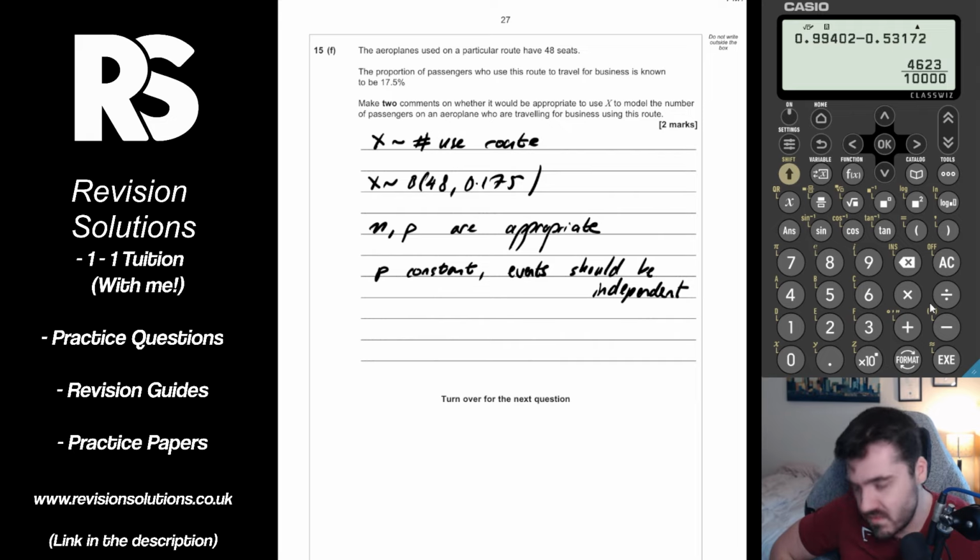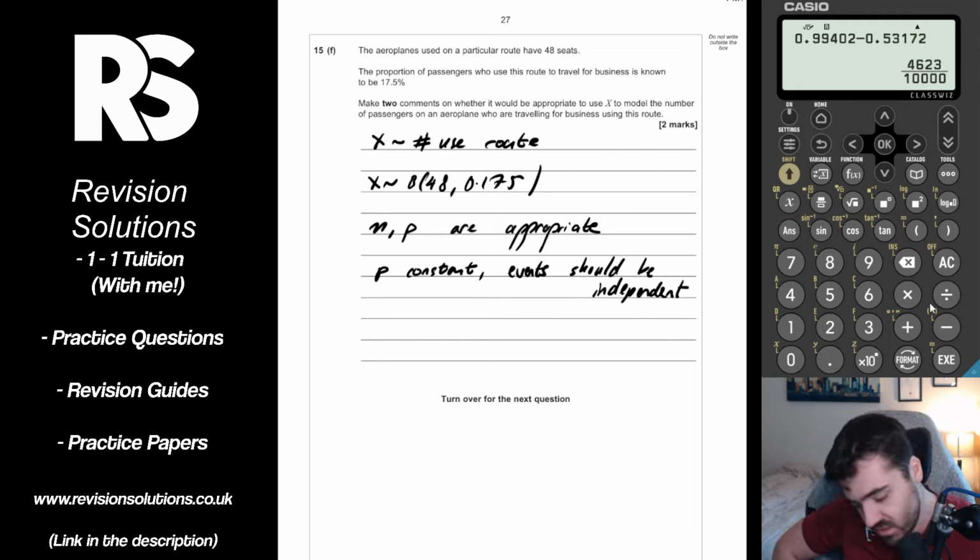So you could easily come up with some issues for this model, because does it say where the route's for? Travel for business. So people often take holidays around summertime. People have kids, so you'd imagine the probability of some of the seats being used would decrease in holiday periods. So then it's not a very good model. It would violate the model, but it might be a good model for parts of the year.